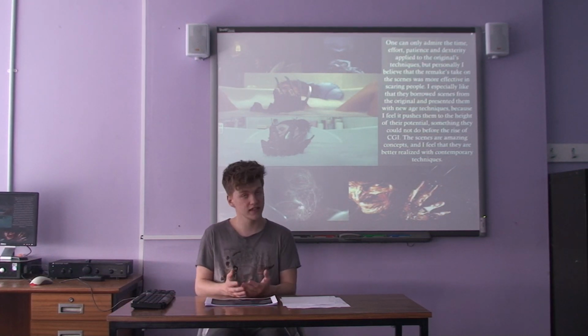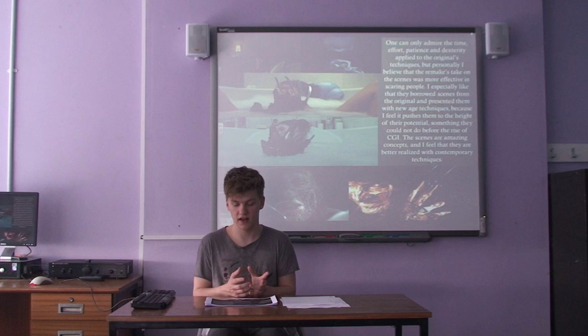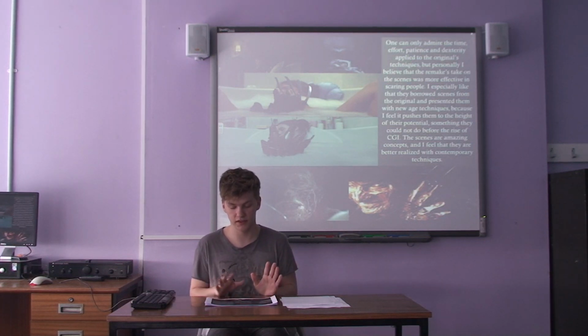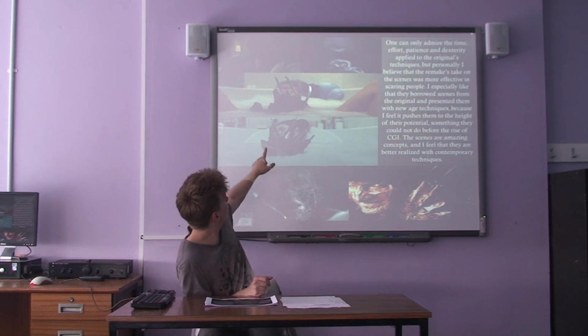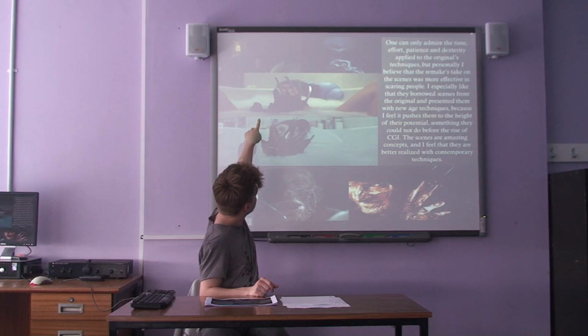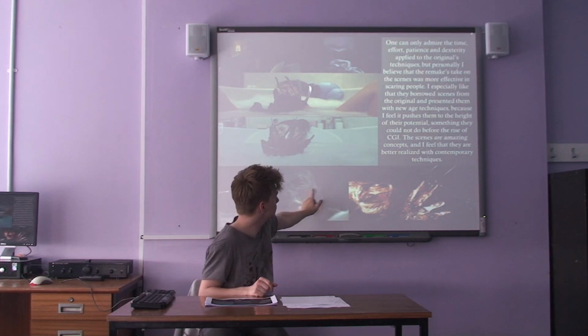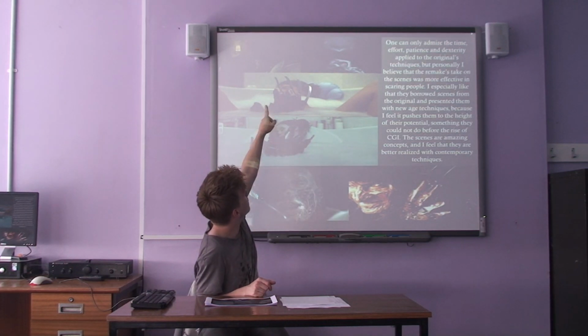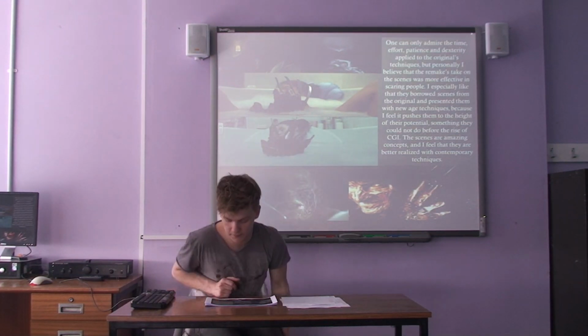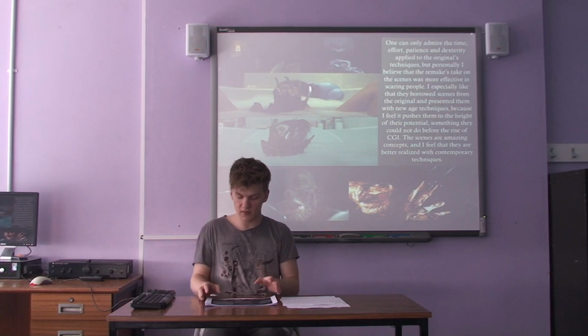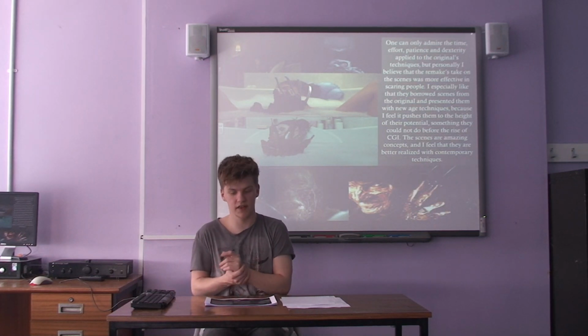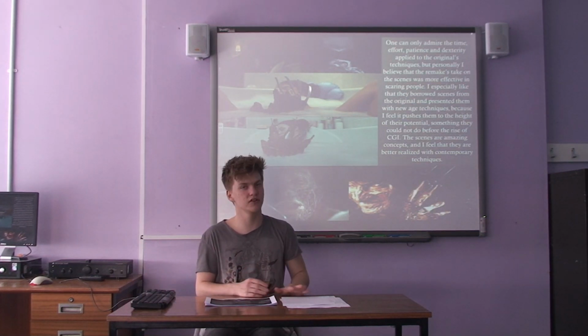I especially like that they borrowed scenes from the original and presented them with the new age techniques. Like here, the glove scene in the bath with Nancy, it's practically identical, and with Freddy's face. And of course the scene where he protrudes from a wall is up there. I think it pushes them to the height of their potential, and it's something that they couldn't do in the first one.